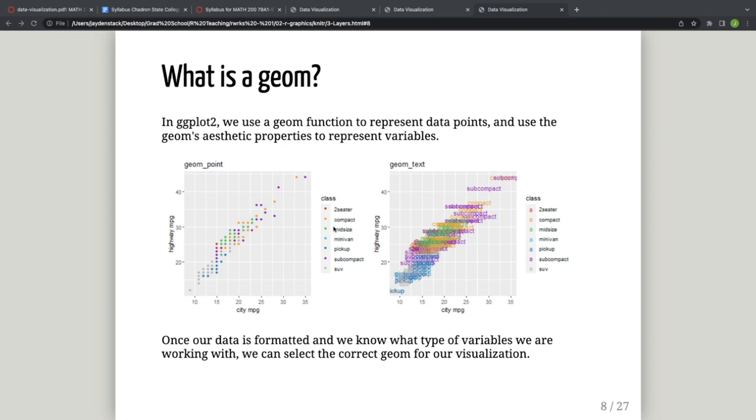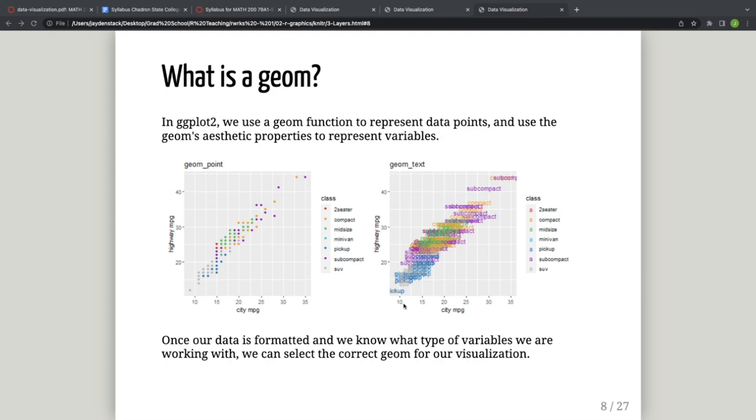But to somebody's point, we could do geom text. It's going to show us essentially the same thing, but for readability purposes, we're definitely going to want the correct geom for our visualization because we understand what type of variable that we have, right?